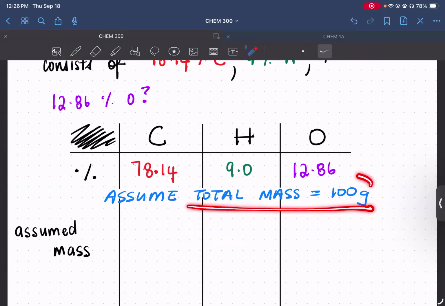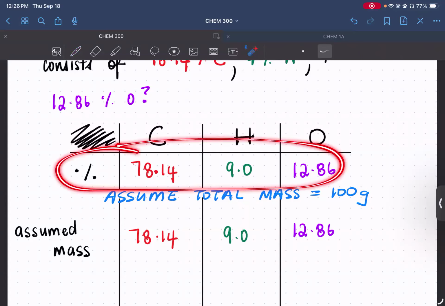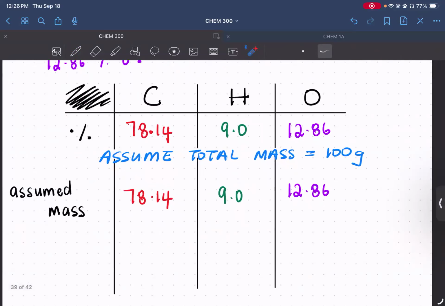If the total mass is assumed to be 100 and 78.14% of it is carbon, then we can assume that the assumed mass is 78.14. We can do the same thing for the hydrogen. We can do the same thing for the oxygen. So these 2 first rows are the easiest to fill out. The percentages come from the question, and the assumed mass is in fact the same number.